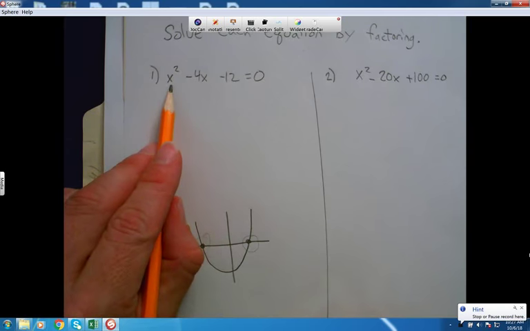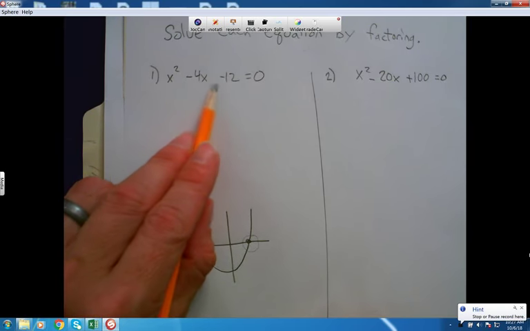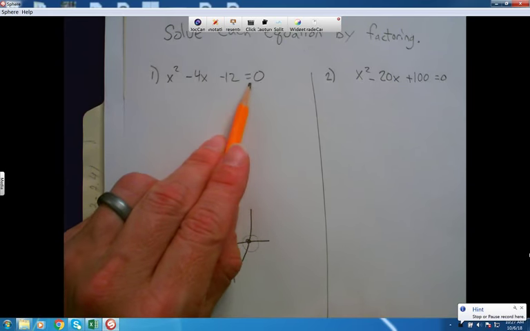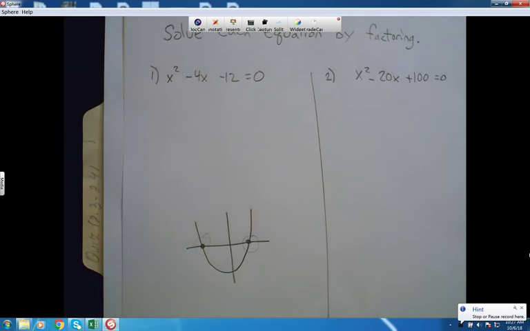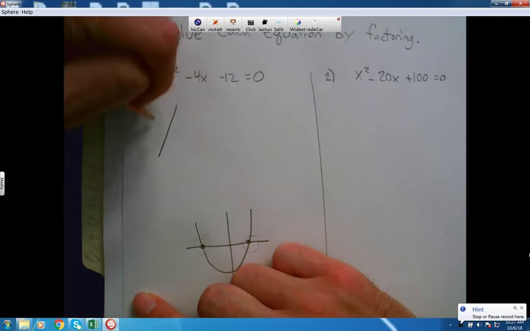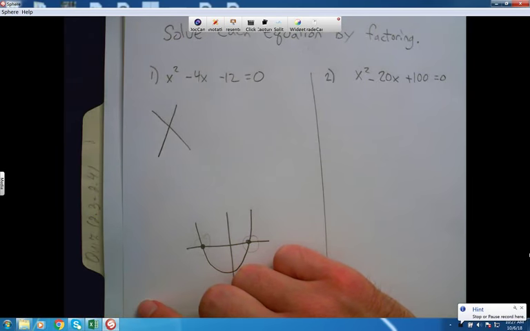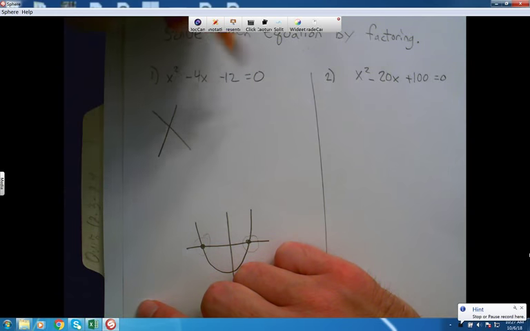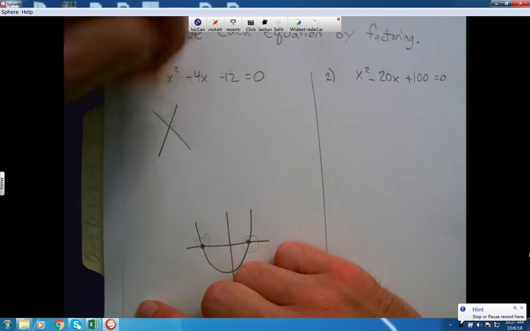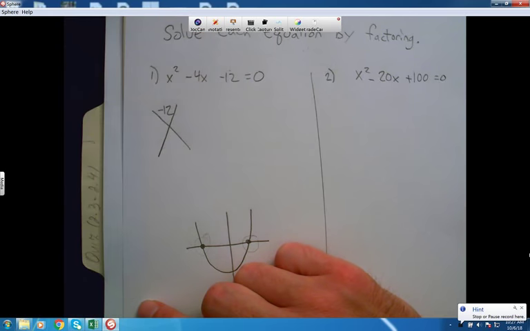So we have a quadratic, x squared minus 4x minus 12, and we want to know when that quadratic hits the ground, when it's equal to 0. So here's how you do it. The first thing I'd recommend is making a big X below the problem. Take a moment to do that. What we're looking for are numbers that multiply to the very last number that's by itself, and you're going to put that last number right there.